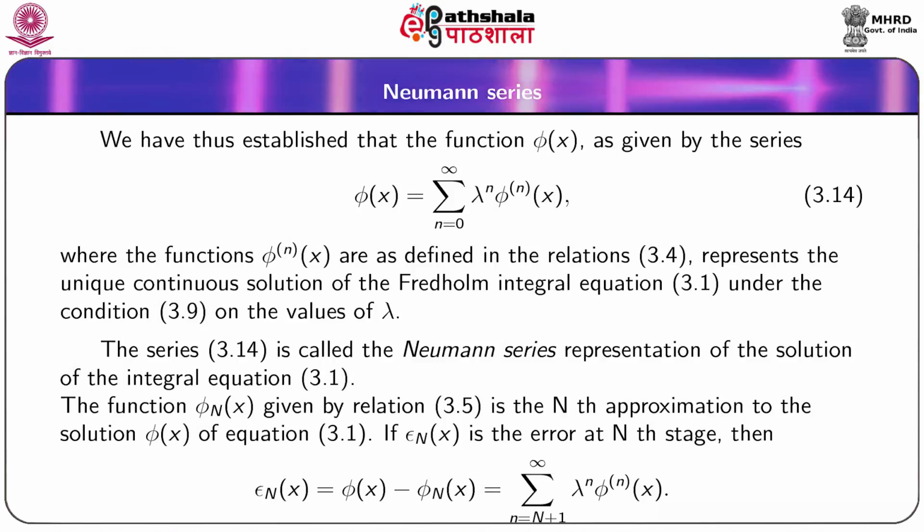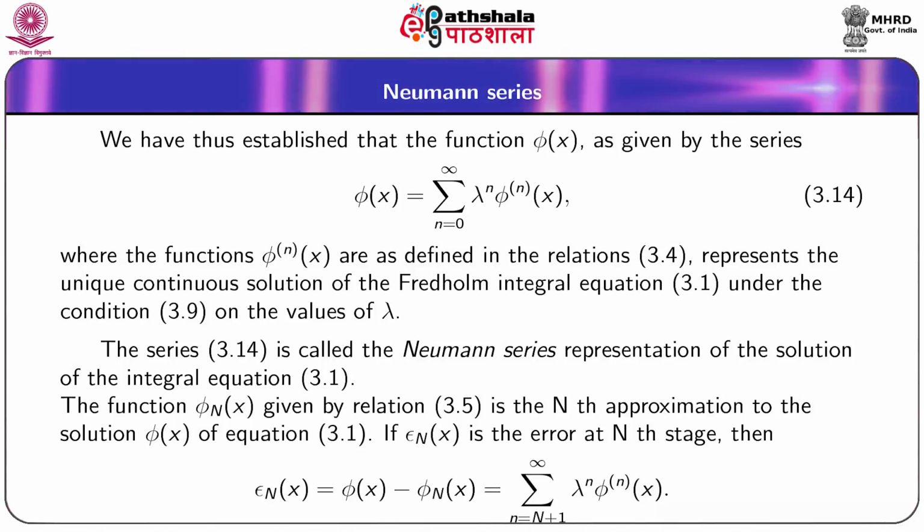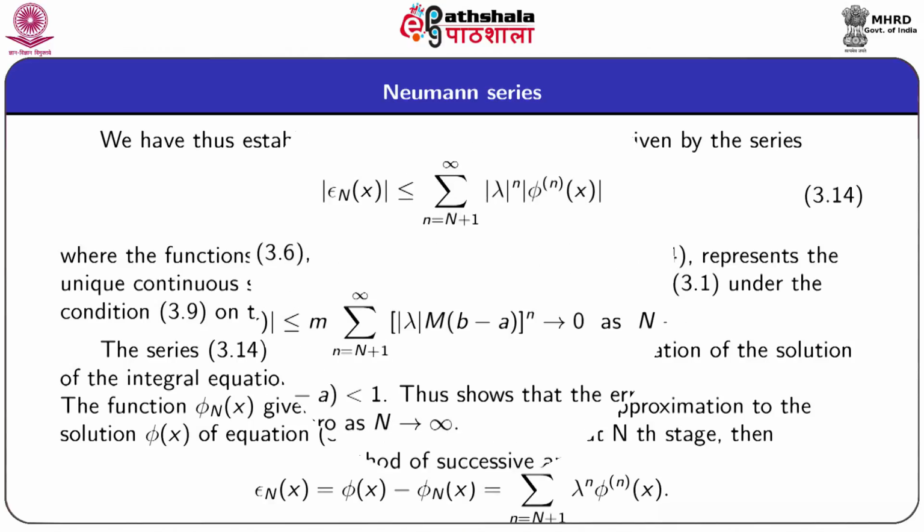If we denote by epsilon n x the error at the nth stage, then epsilon n x is defined as phi x minus phi n x, that is equal to summation n equal to N plus 1 to infinity lambda to the power n phi superscript n x.